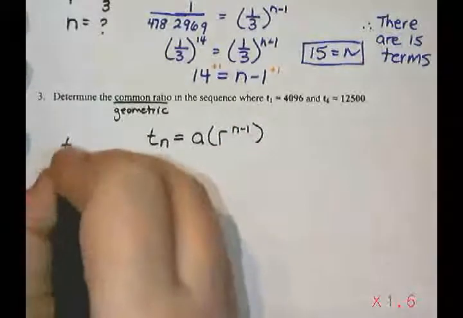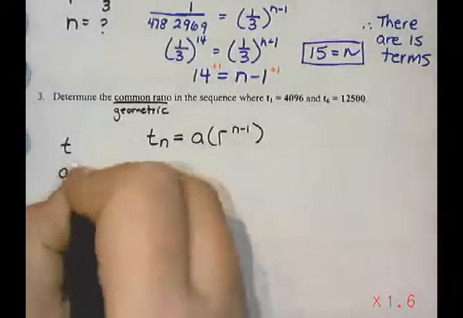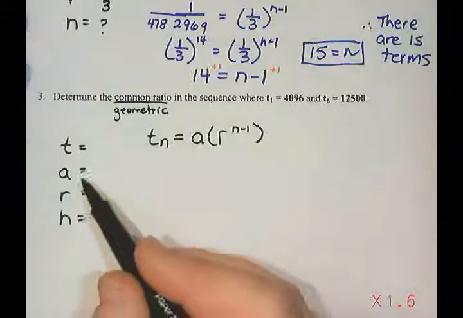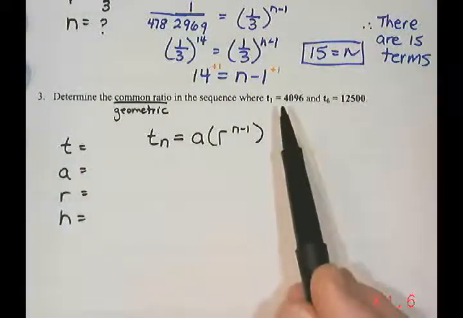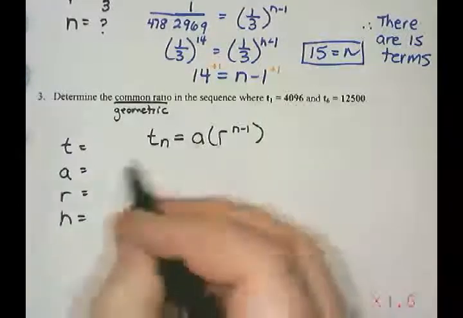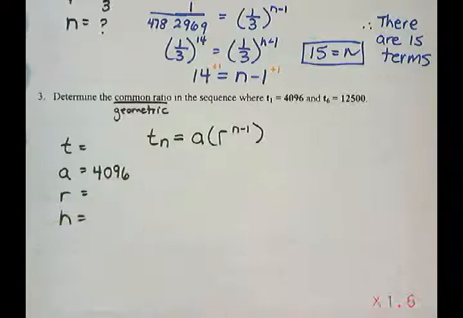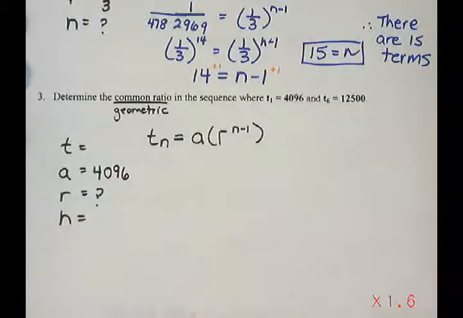So I'm going to list those letters down the side and then fill in what I know. A is always an easy one to do. A is the first term. First term, T1, same thing, is 4096. R is my common ratio, which is what I want to find in the question.